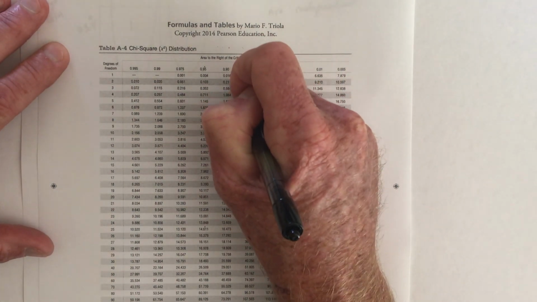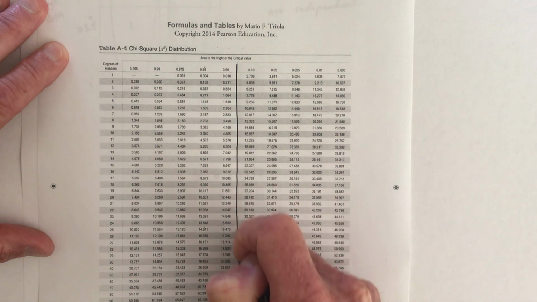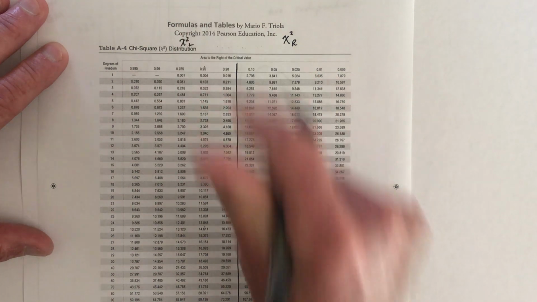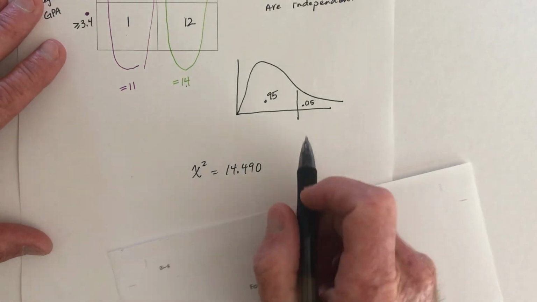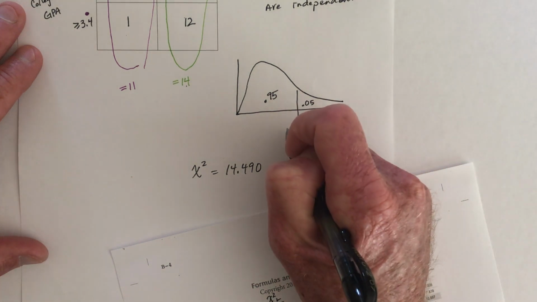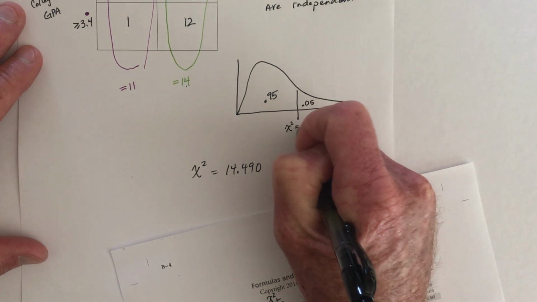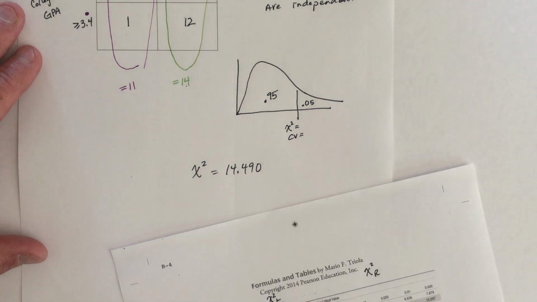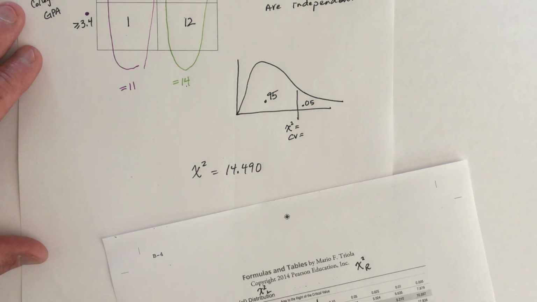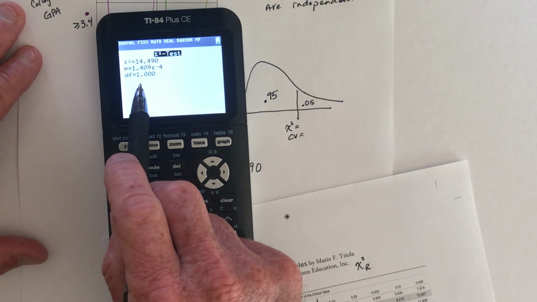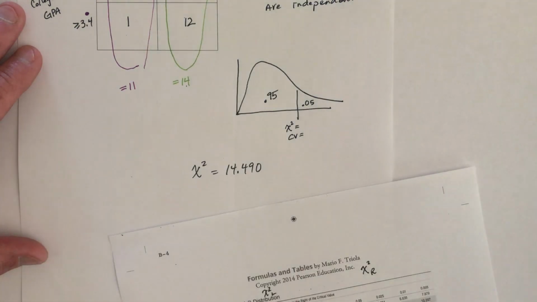So usually I have a line down here because this is the chi-squared on the right and this is the chi-squared on the left. Well, notice that this test is right-tailed only. So this is just going to be chi-squared on the right, or you could just call it the critical value. And then the degrees of freedom, the calculator says the degrees of freedom is 1.